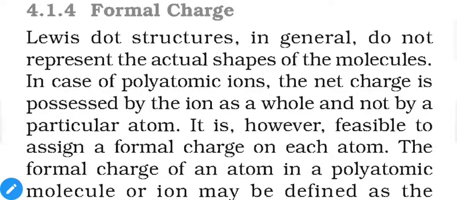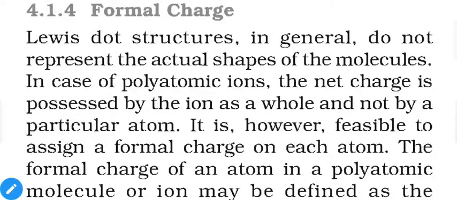So in the Lewis dot structure representation and the actual shape of the molecule, it will be the same, because it contains only two atoms, and for two atoms the only possible structure is linear. But when we have more than two atoms, then there is no significance in using the Lewis dot structure for finding the shape of a molecule. Okay, we will discuss these points later in this unit. So let us move further.